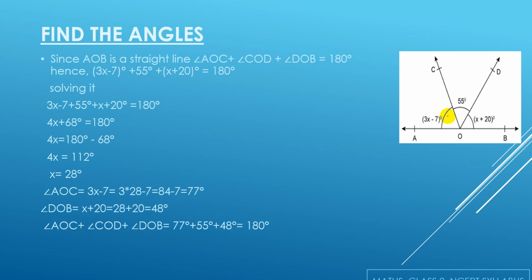Now I can find the value of 3x minus 7, which comes out to be 77 degrees. This angle I already have, and x plus 20 is 28 plus 20, which is 48 degrees. To verify our answer, we can add up all these three angles and check that the answer comes out to be 180 degrees.